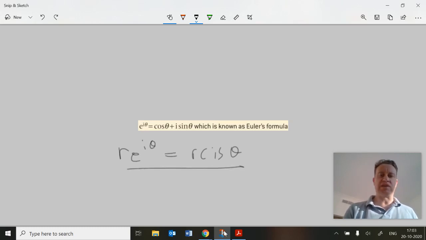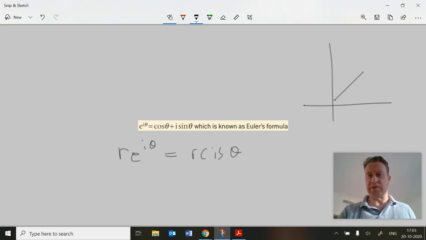And so these two things are equivalent. This cis theta here is essentially this thing here, and r is, of course, on the Argand diagram, the length of your complex number. So there's r, and theta is the argument of your complex number. It's measured anti-clockwise from the real axis on the Argand diagram.